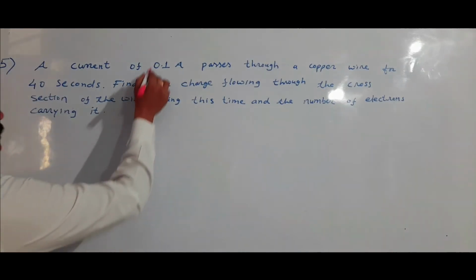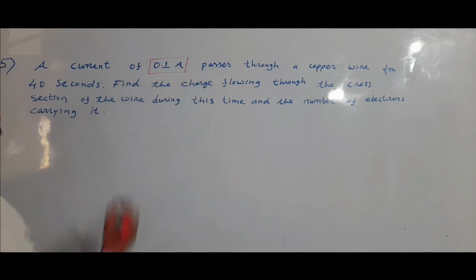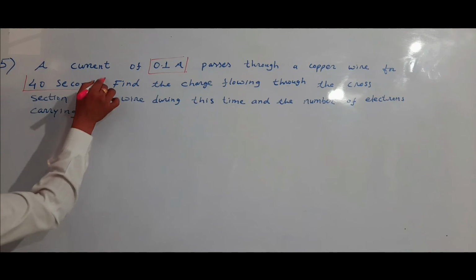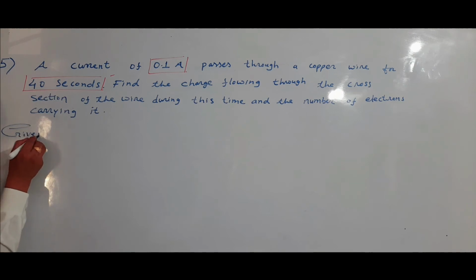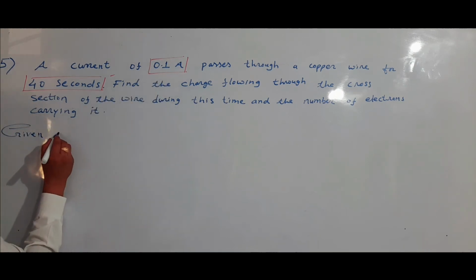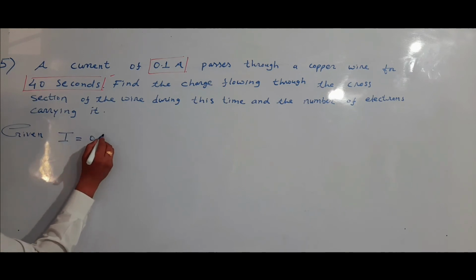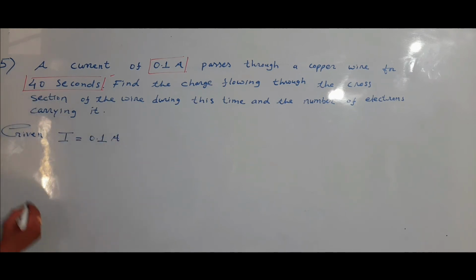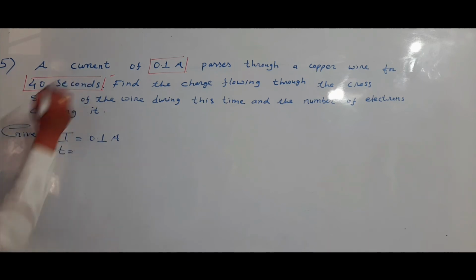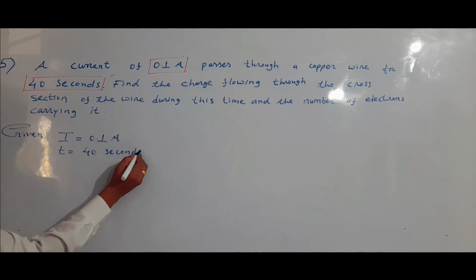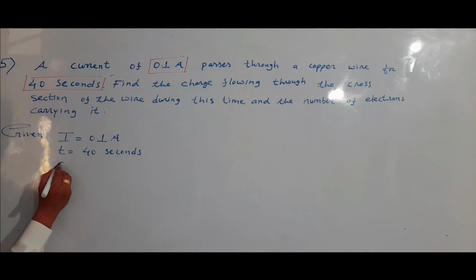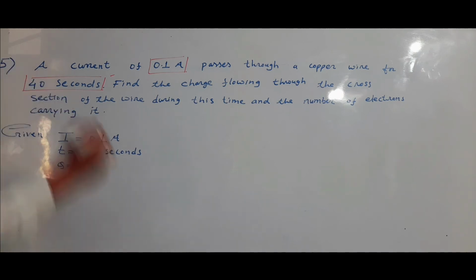We have two values, 0.1 ampere and 40 seconds. So, my dear student, first we'll write down what is given to us. Given: current I is equal to 0.1 ampere. Time T is equal to 40 seconds. We have to find the charge. Q is equal to question mark.